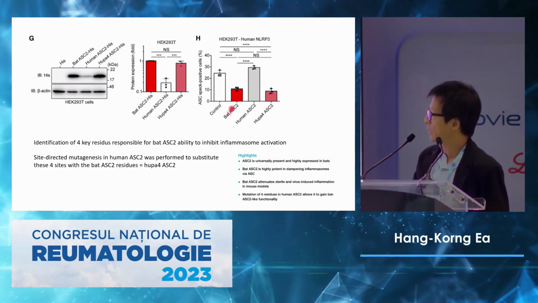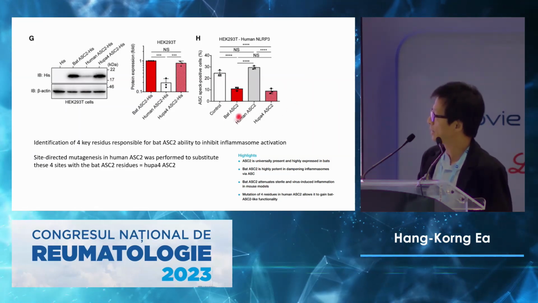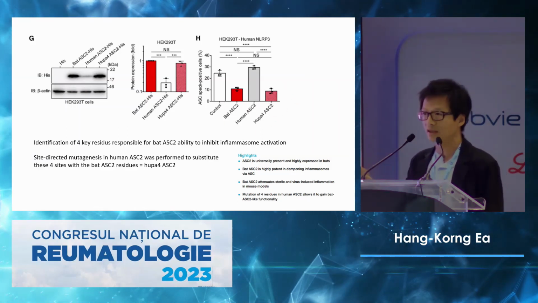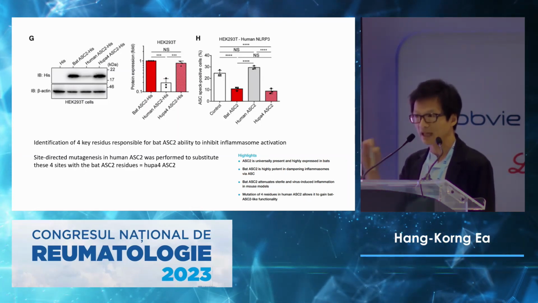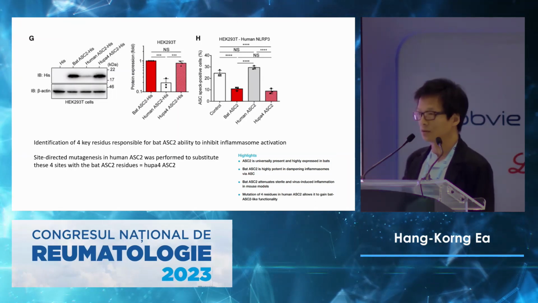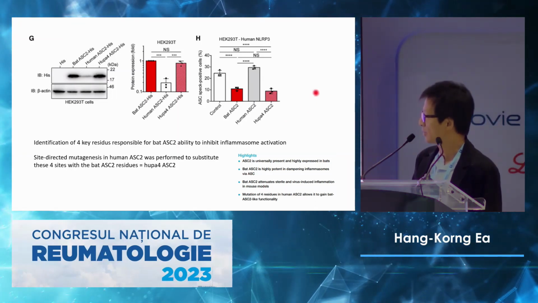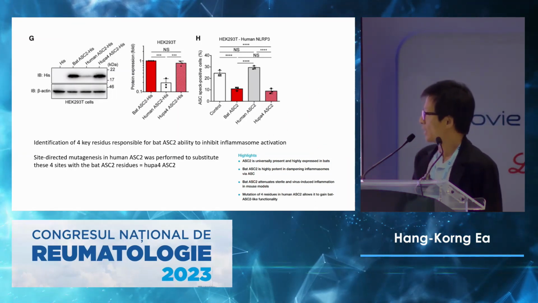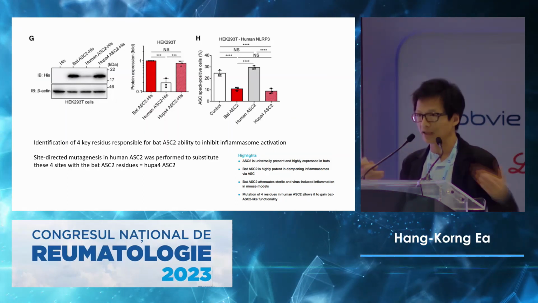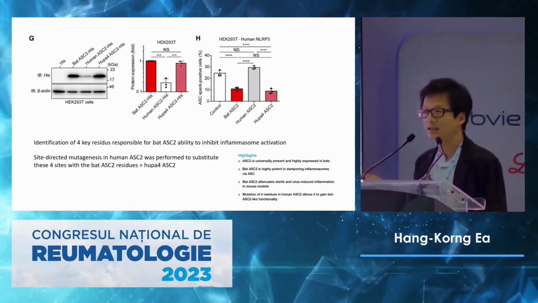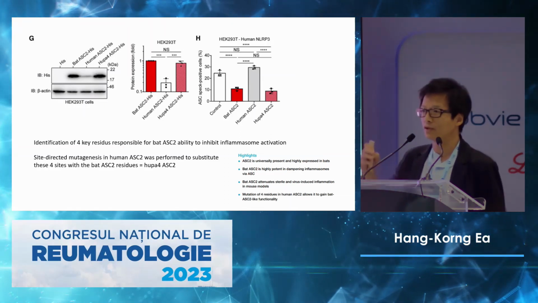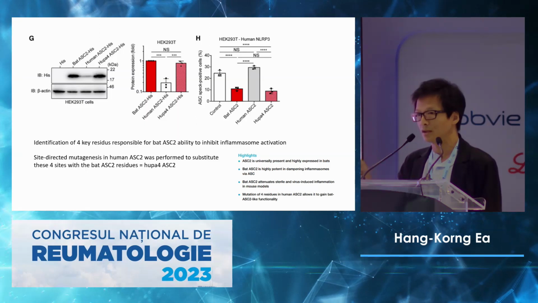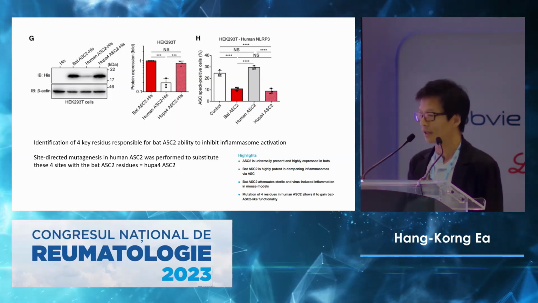This mutated human ASK2 has the same effect as the bat ASK2. So to summarize this paper, ASK2 is universally expressed in bats and has a very high inflammasome inhibition effect, and we can imagine that we can use this protein to reduce the inflammation induced in gout.